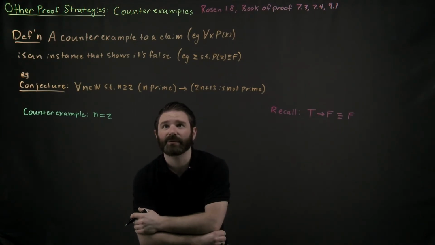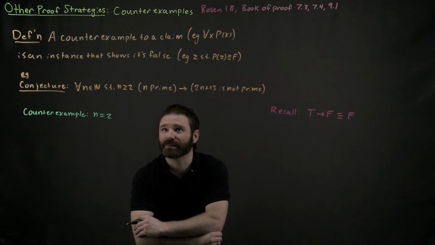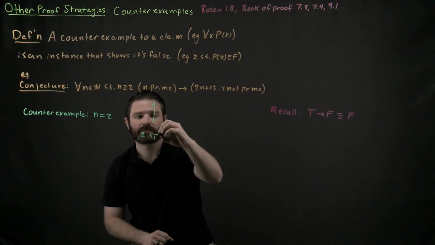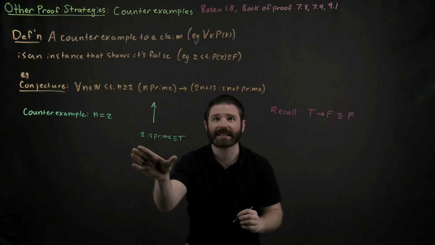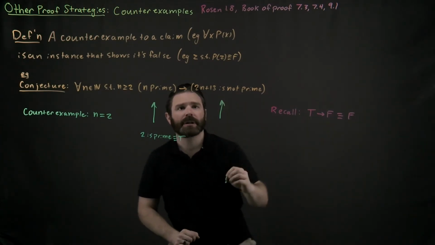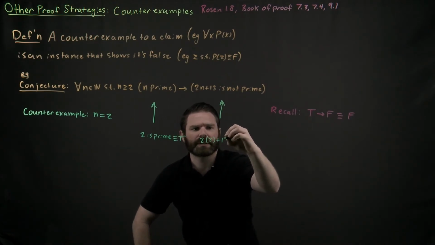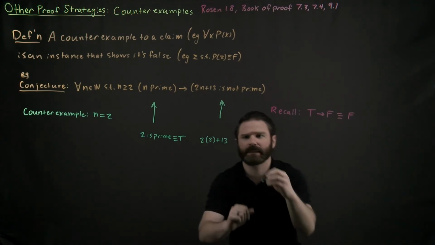Well, if we let n equal 2, then our hypothesis is true. But what about our conclusion? That would be 2 times 2 plus 13, which is 4 plus 13, which is 17.